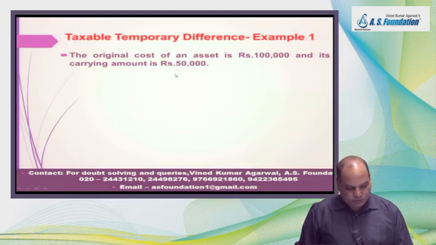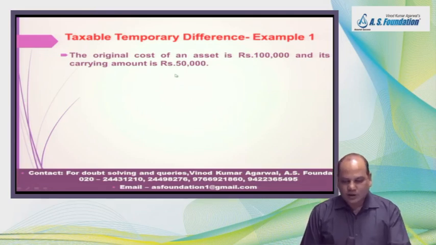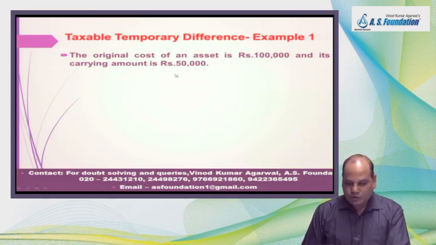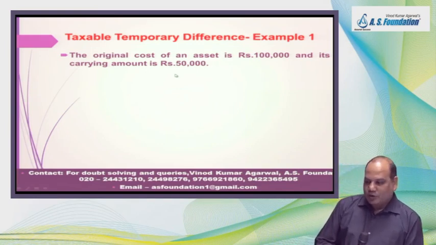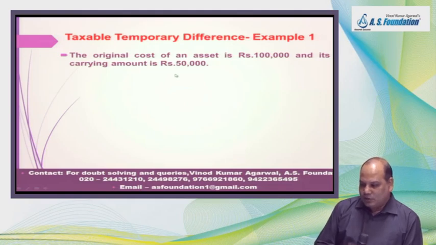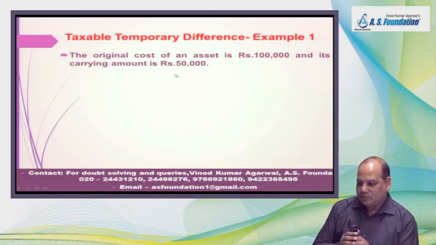Now next is question answer session will start. So TTD you understood, deferred tax liability you understood. Today as a homework practice again whatever we have discussed. The original cost of an asset is rupees 1 lakh and carrying amount is 50,000. So this is related to asset.